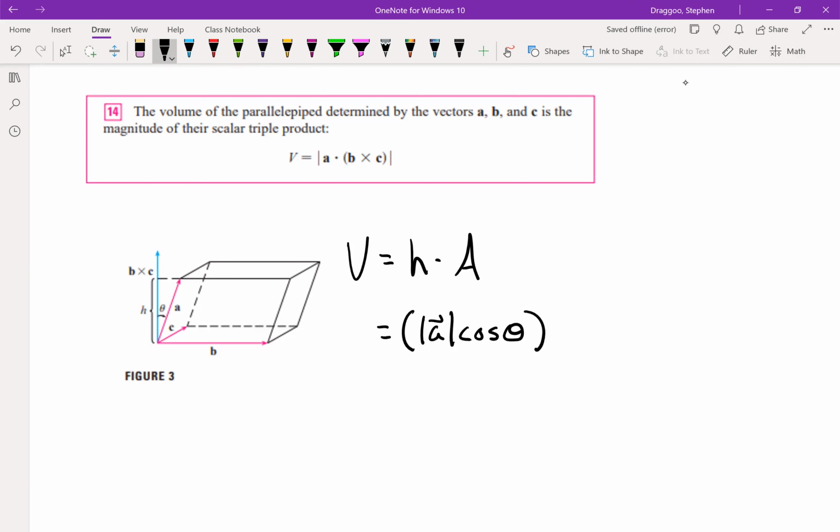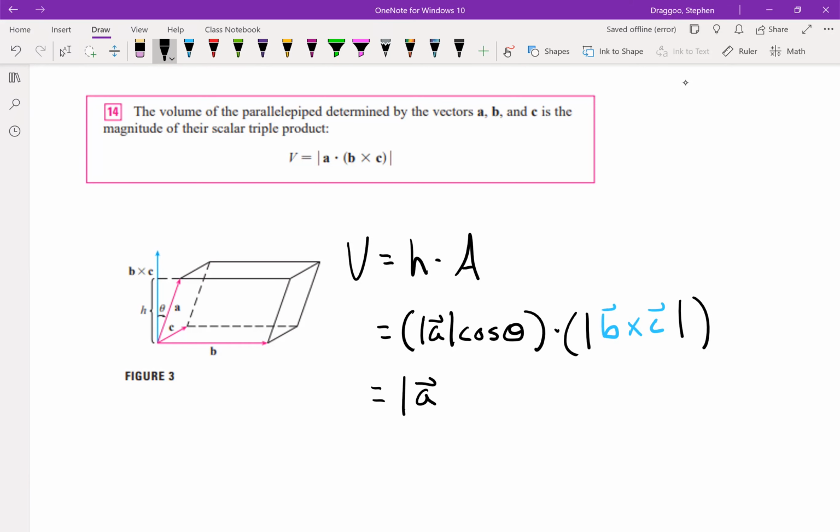That's our height times our area, which if the area is going to be set up by B and C, we saw from the above example that that should just be the magnitude of the cross product of B and C, B cross C. And then, based on what we know about the dot product, we can rearrange this thing a little bit, maybe make it look a little bit more familiar.